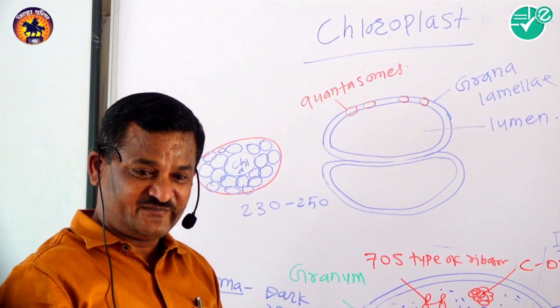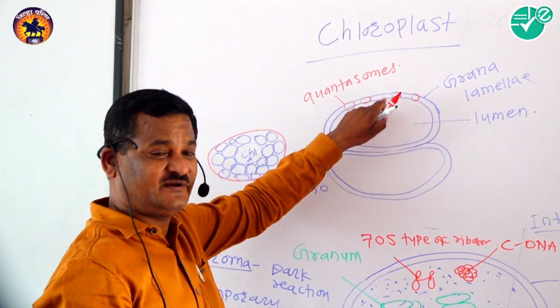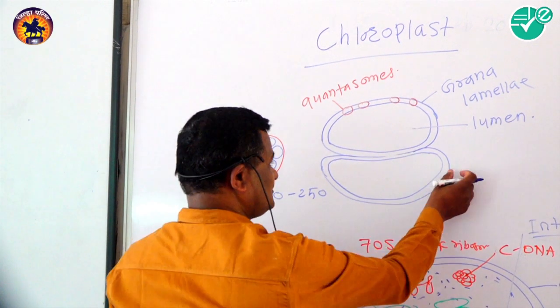The outer surface of the thylakoid membrane is called the non-appressed part of the thylakoid.